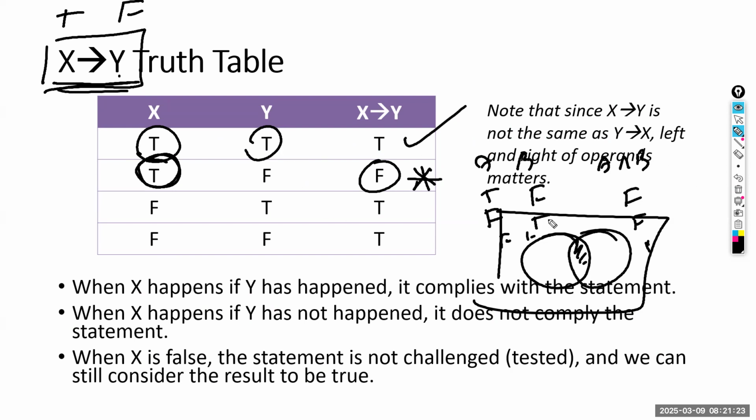That is because it contradicts the analogy. So therefore we say that A and B is false. Same thing, if this is true and this is false, it contradicts this logic. So therefore we say it is false. Now this is the interesting part. When X is false and Y is true, we take it as true.